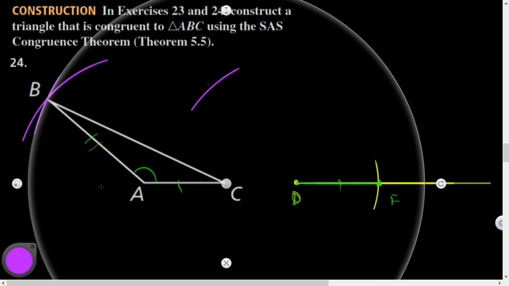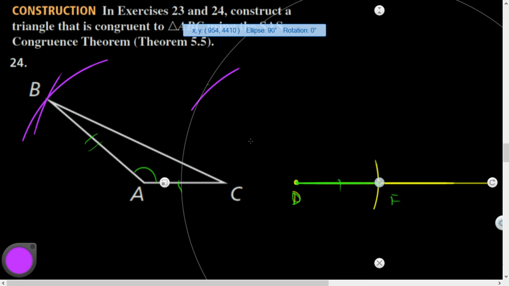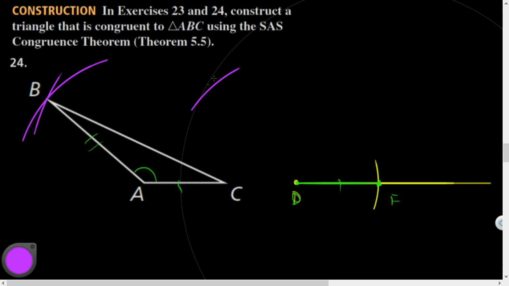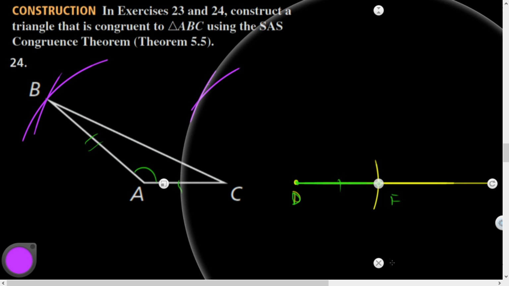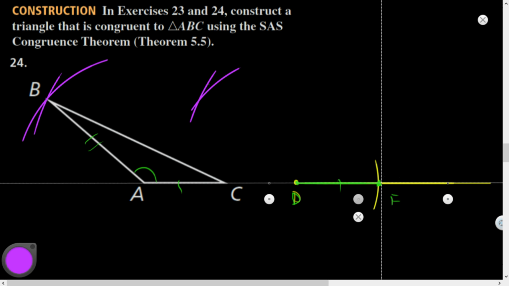But see, if I do this, I would get that point. And if I do this, then that's the right point. But technically, by doing that, I'm doing a side, side, side. I don't think I'm doing a side angle side, unless it happens to be the same thing.